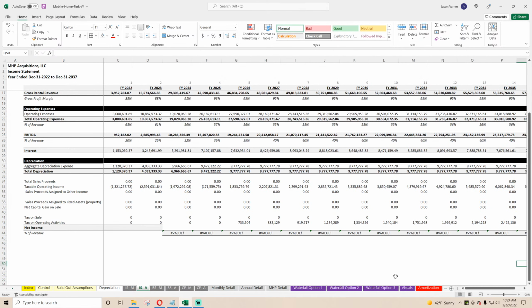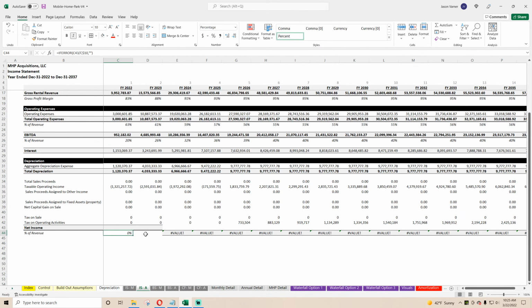And then we have net income, which would be EBITDA minus interest minus depreciation plus sales proceeds assigned to other income plus sales proceeds times fixed property. Hold on, let's think about this.